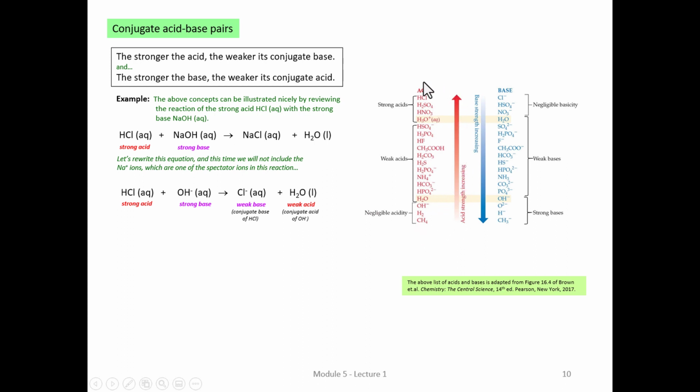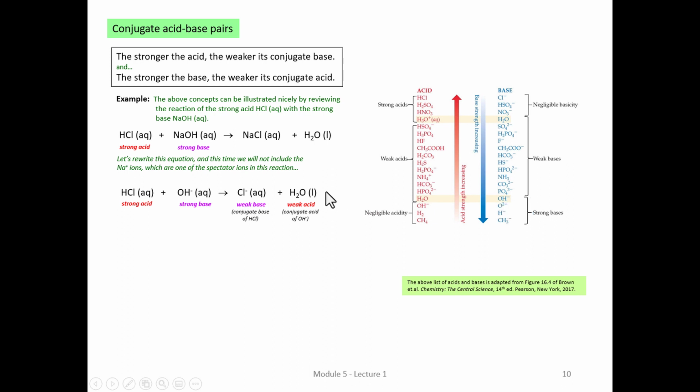So in the red here, the acids, you'll notice acid strength is increasing going up, and it labels HCl in the strong acid category. And right next to the acids, and these are all lined up for a reason here, are a lot of ions and molecules that can act as bases, only in this case, the strongest bases are on the bottom. So if we find hydroxide, we'll notice that hydroxide is in the category of strong base.